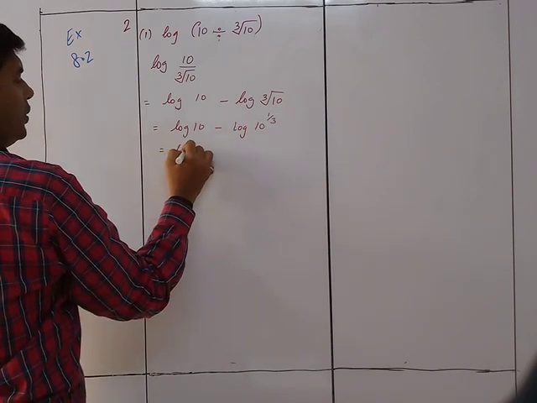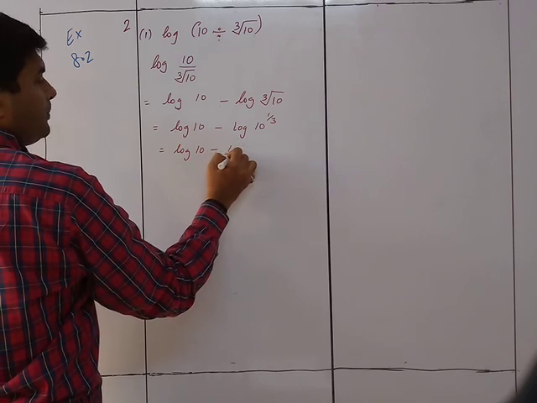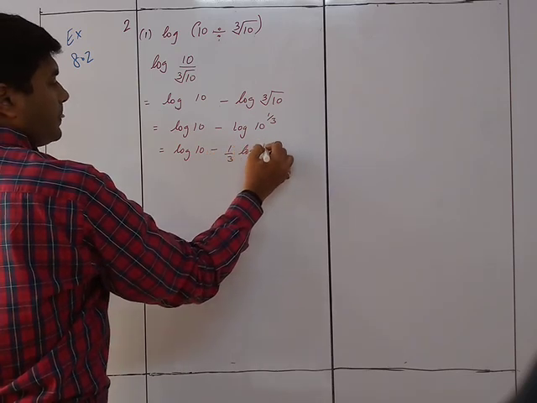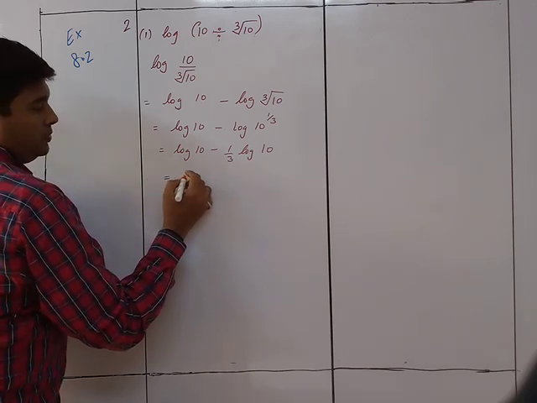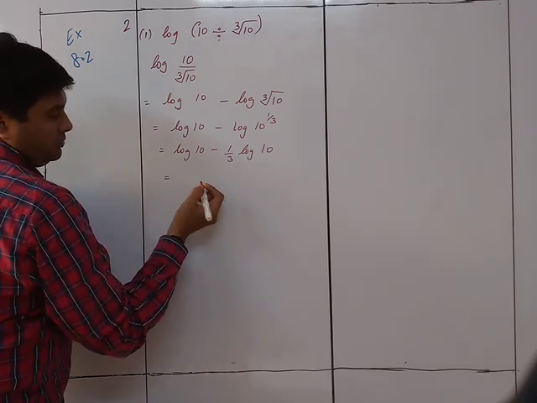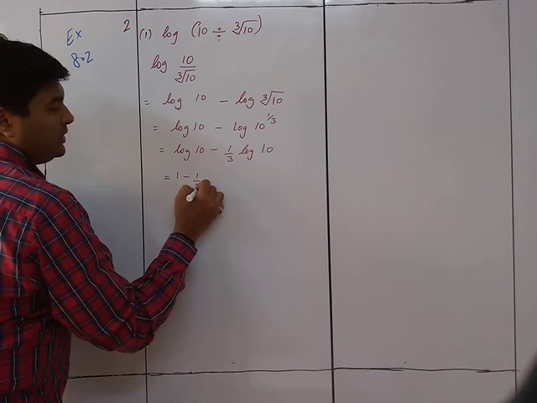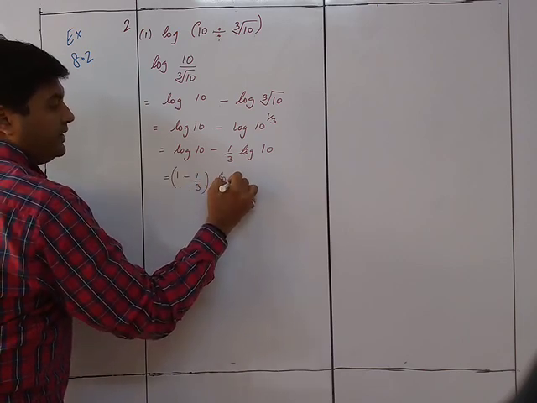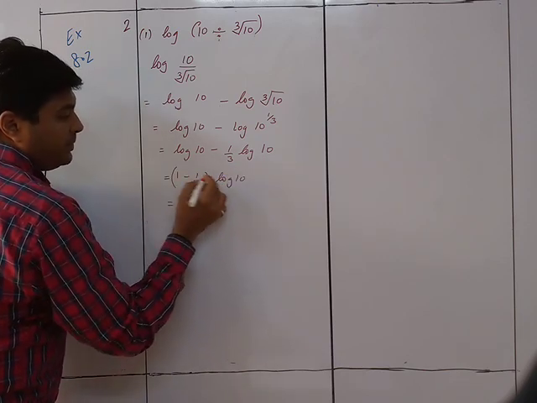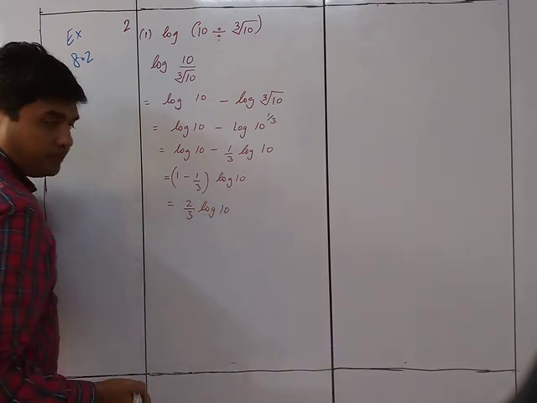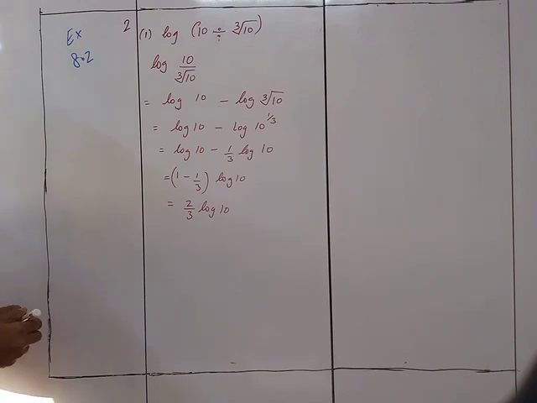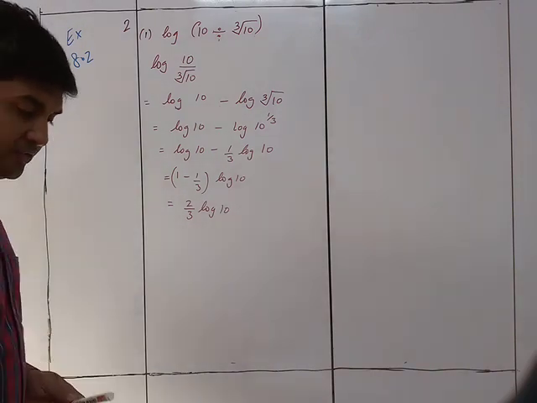That is log of 10 minus 1 upon 3 log 10. 1 minus 1 upon 3 will be equal to 2 upon 3, or we can just show 1 minus 1 upon 3 bracket log of 10, which is nothing but 3 minus 1 is 2 upon 3 log of 10. Okay, that will be the answer for second ka first.